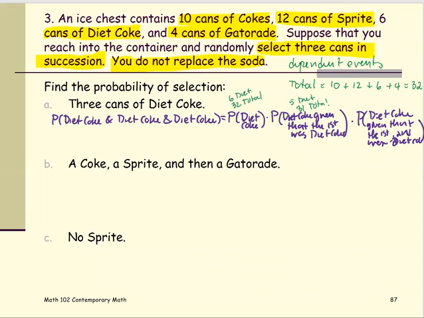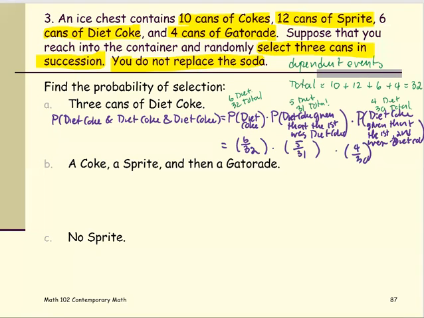And the third round, we have 4 Diet Coke left and 30 cans in total to be chosen from. Set up as a probability. The first one is 6 out of 32. The second one is 5 out of 31. And the third is 4 out of 30.